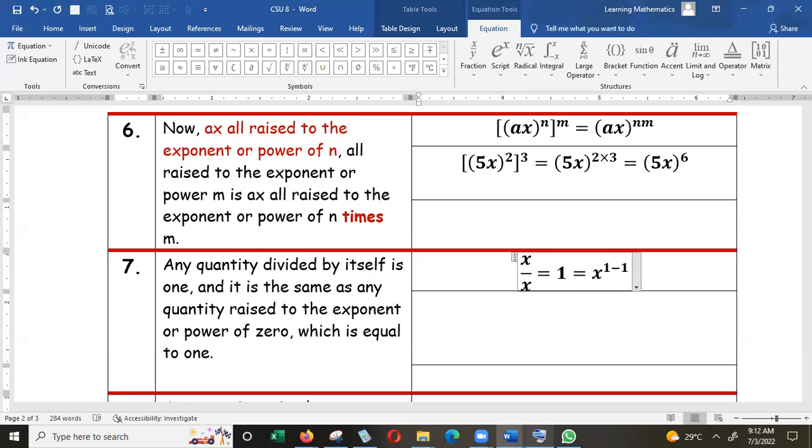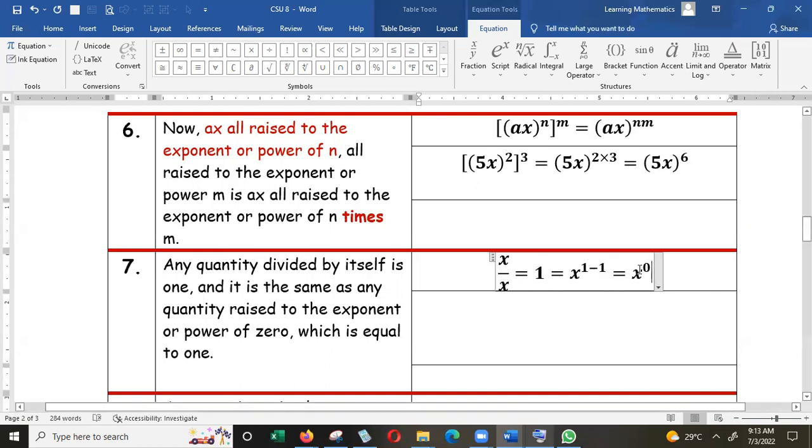And 1 minus 1 is 0. So this is x raised to the power of 0. So in turn, if we go back to the left, because in mathematics you can read from left to right or right to left, x divided by x is 1, which is equal to x to the 1 minus 1, which is equal to x to the 0. So 1 is equal to x to the 0. X to the 0 is equal to 1.